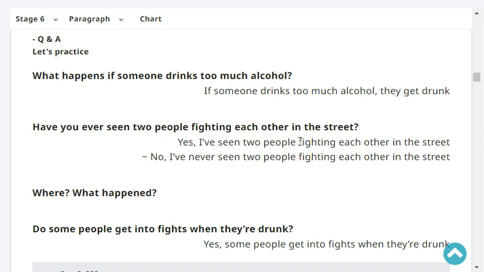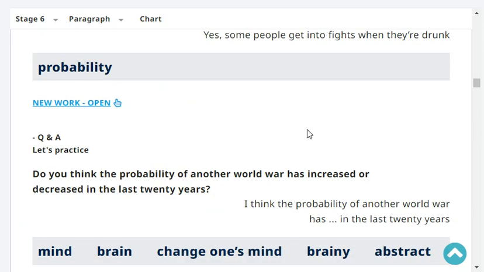Have you ever seen two people fighting each other in the street? Yes or no? Yes, I've seen two people fighting each other in the street. Very good. Do some people get into fights when they're drunk? Yes, some people get into fights when they are drunk.